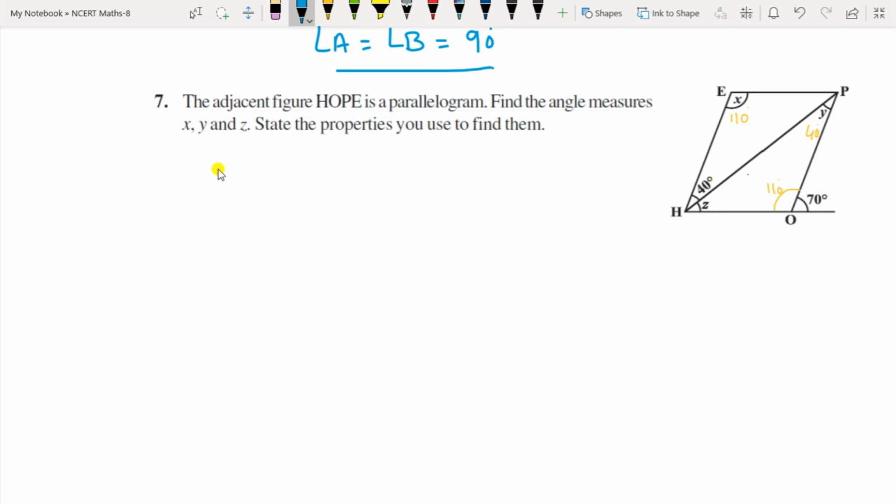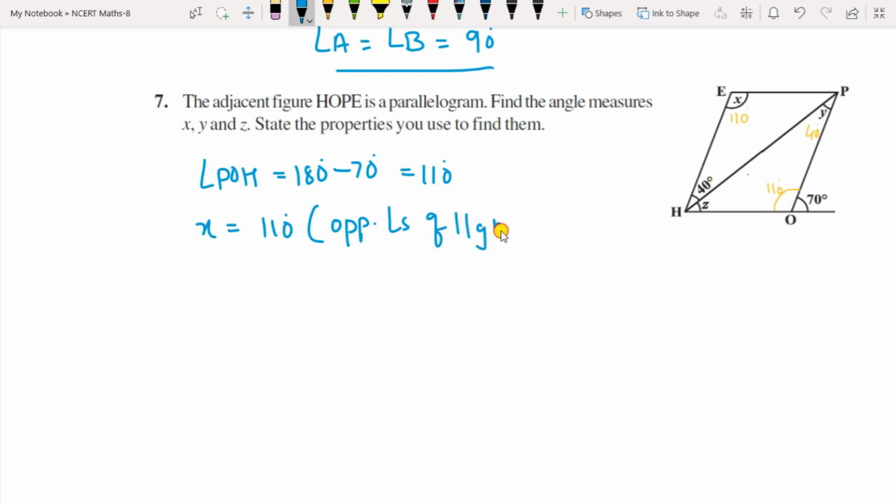See, straight line angle POH will be equal to 180 minus 70, that gives 110. Now X will be equal to 110. The reason is opposite angles of a parallelogram. So X is 110. Now here Y will be equal to 40.